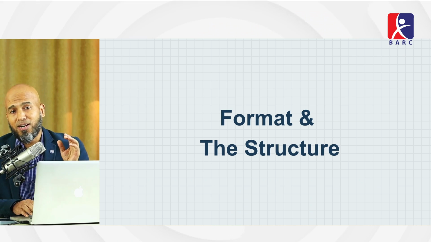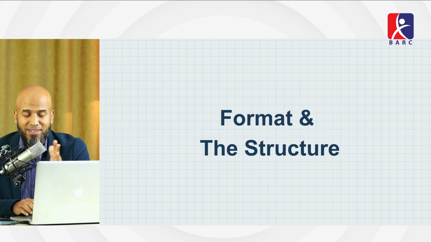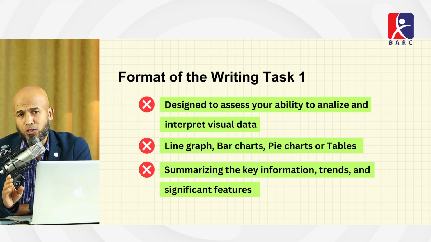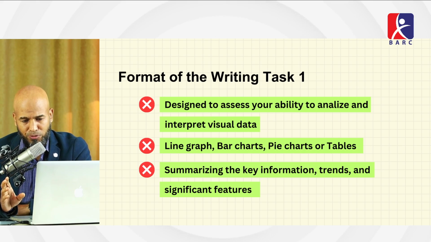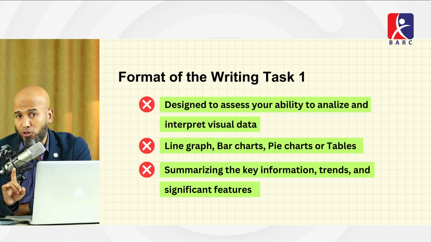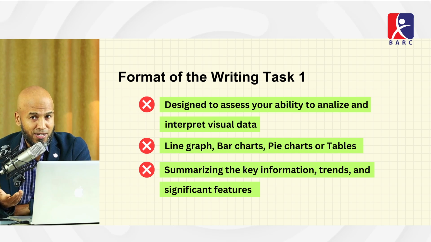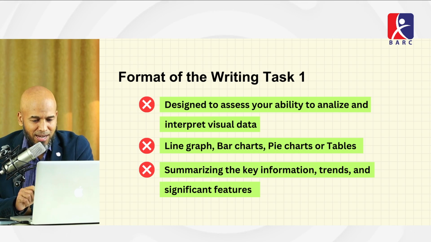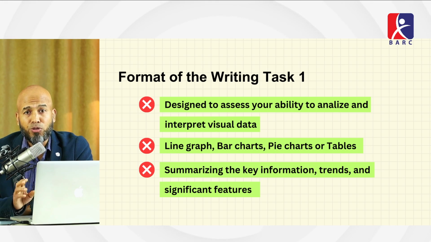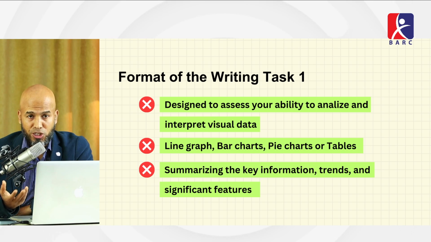So let's learn the format and the structure. It follows a specific format designed to assess your ability to analyze and interpret visual data. In this task, you'll be presented with various types of visual information, namely line graphs, bar charts, pie charts, or just tables.